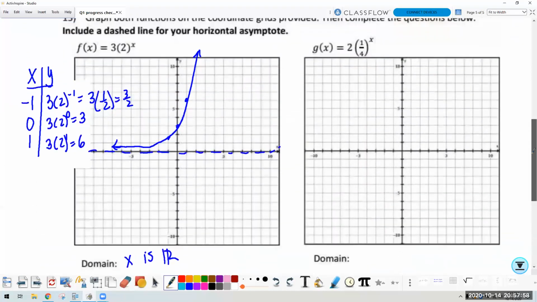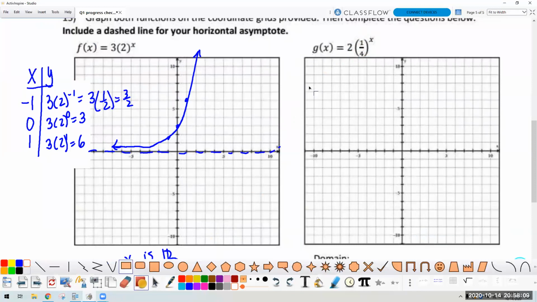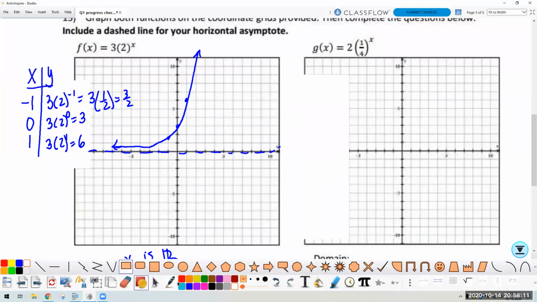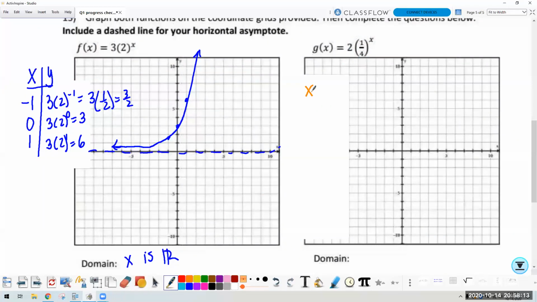All right. Now, g of x has that base of 1/4, so I know this is going to be a decay graph since the base is between 0 and 1, and my exponent is positive. Calculate some coordinates again.